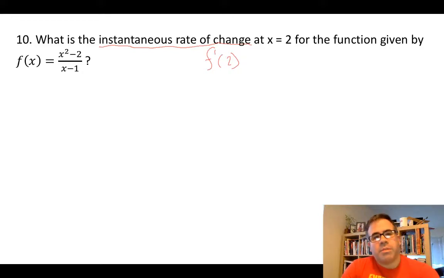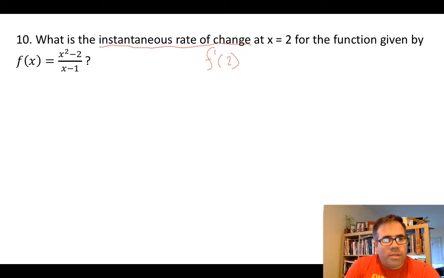This is set up to be a very clear quotient rule problem, and I see no reason not to do it with the quotient rule. Again, quotient rule is v du minus u dv over v squared.